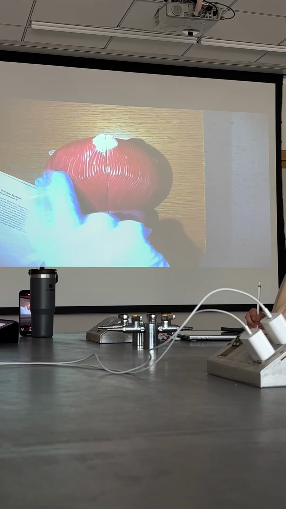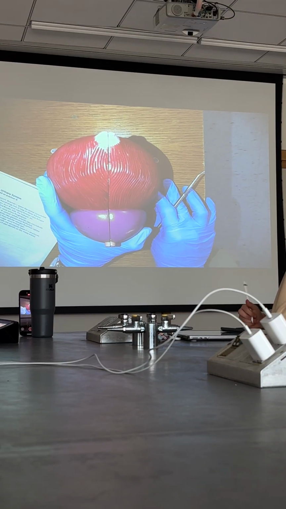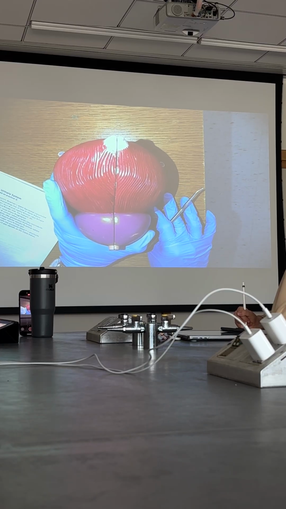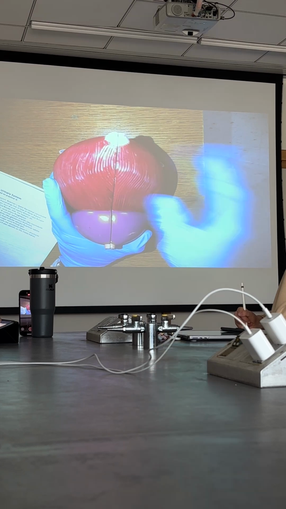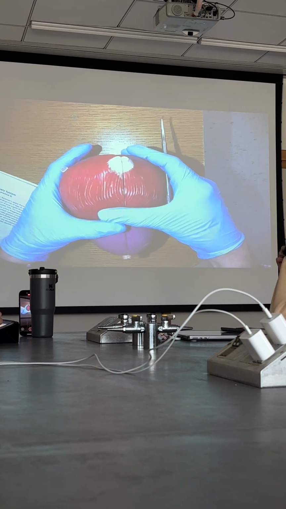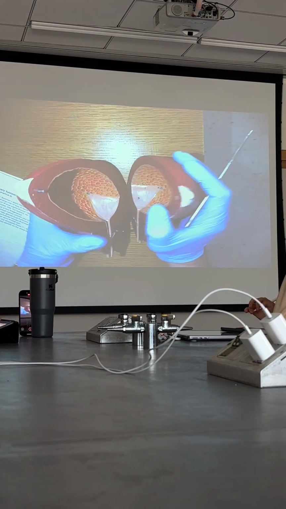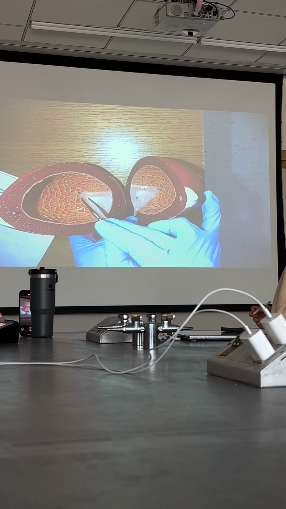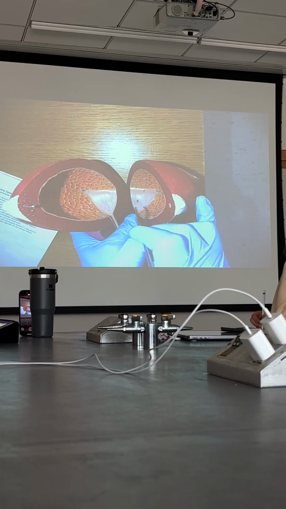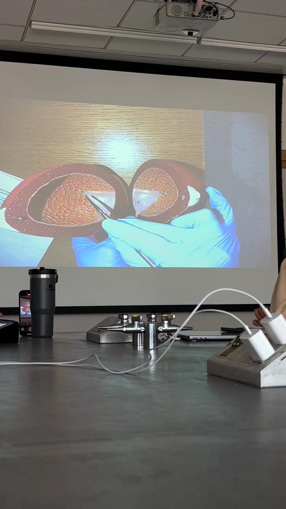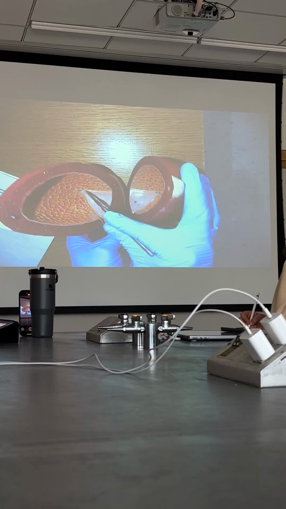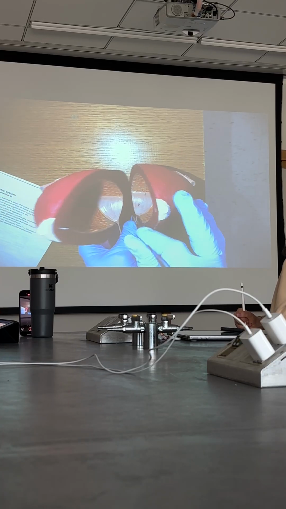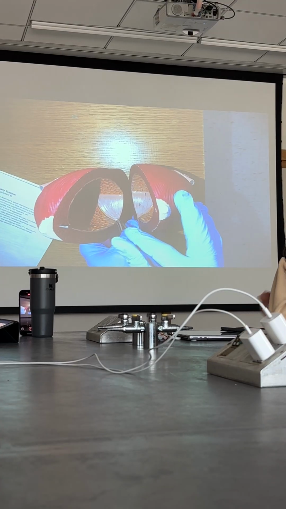Now, the muscle that makes up the wall of the bladder is called the detrusor muscle, which literally translates into push down, because it pushes down when it's contracting. If you open the bladder up and look on the inside, there are a couple of things you should be able to identify. First, you've got this triangular structure, and at the corners of the triangle are one ureter opening, the other ureter opening, and then down here, the opening of the urethra.